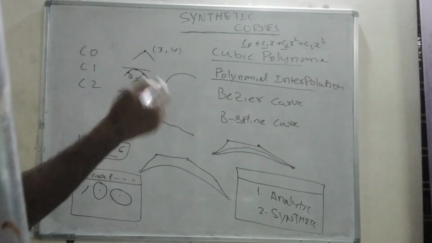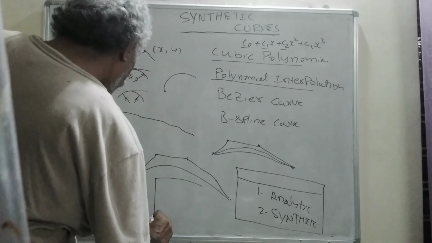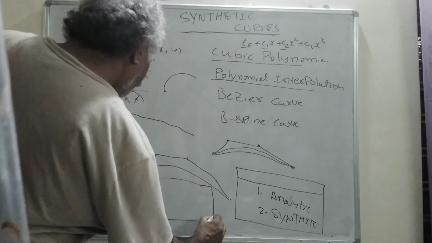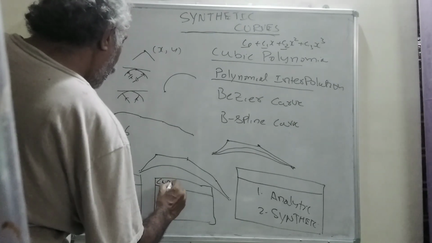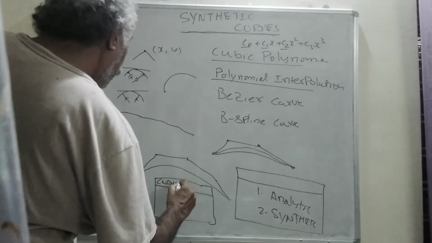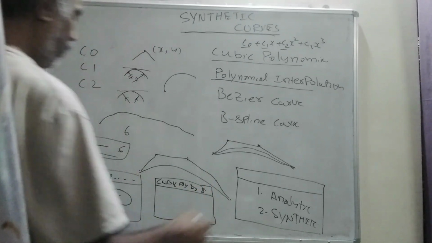Similarly, you can select the synthetic option, and a separate window will open. In this window, the cubic polynomial, polynomial interpolation, Bezier curve, and B-spline curve options will be given.